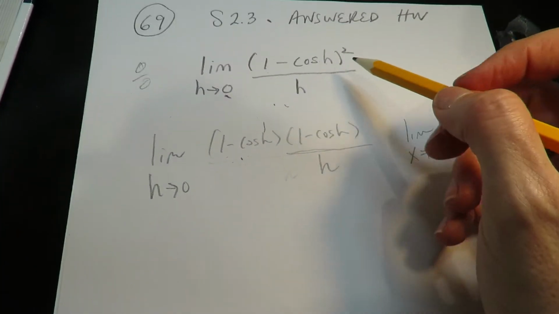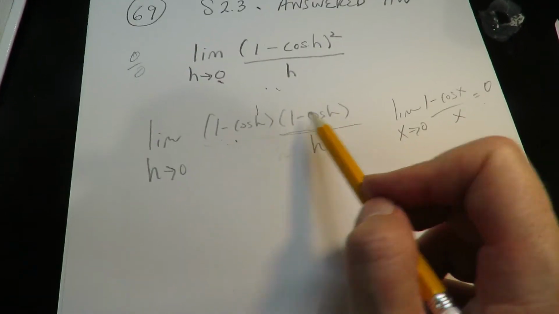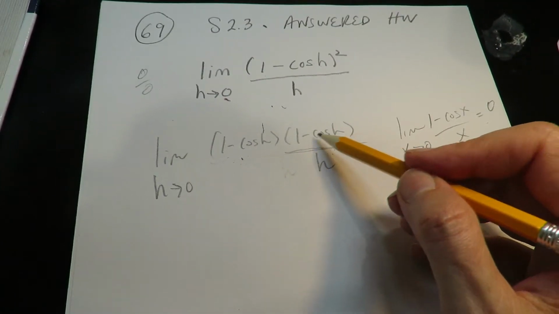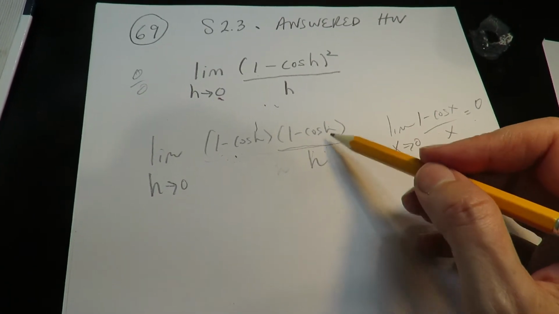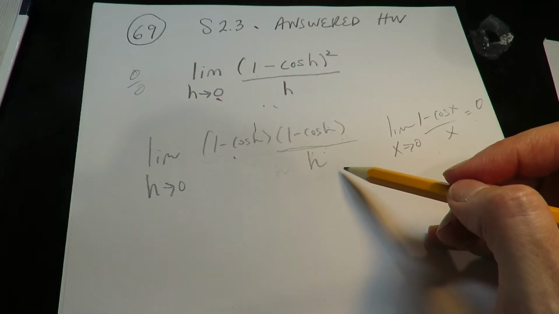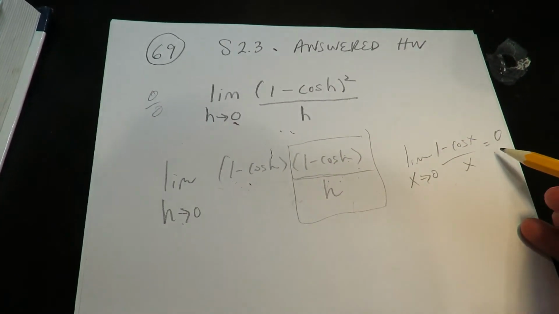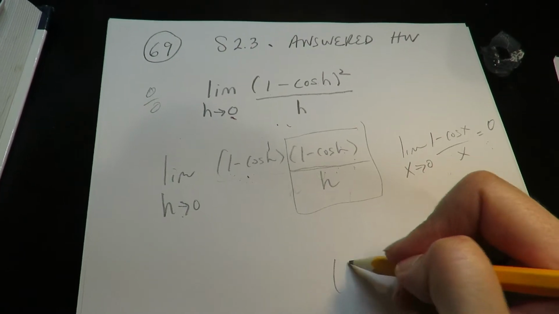I have two of these 1 minus cosine h, so that's the same thing as like pulling them apart, okay? Now this is the same thing as this. It's just written in terms of h instead of x, but it's the same idea, okay? So this part right here, the limit of this part is going to be 0, okay?